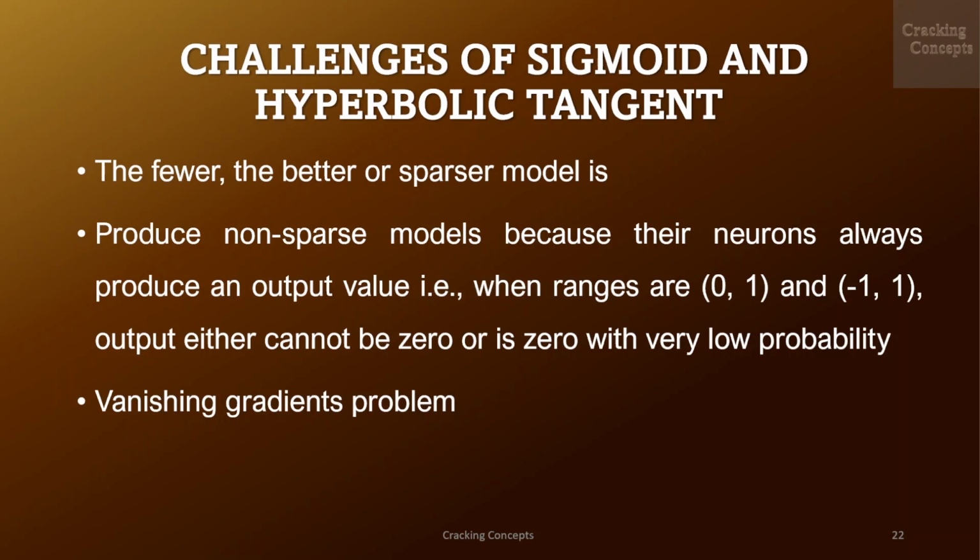not sparse. Another possible issue with the output ranges of the activation functions here is the vanishing gradients problem. During optimization, data is fed through the model, after which the outcomes are compared with the actual target values. This produces what is known as the loss.